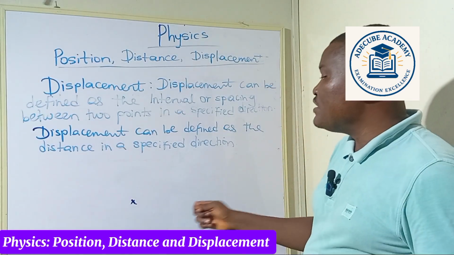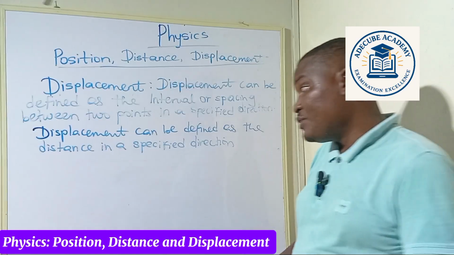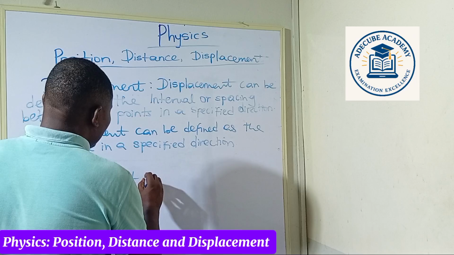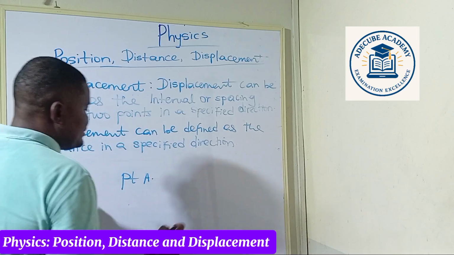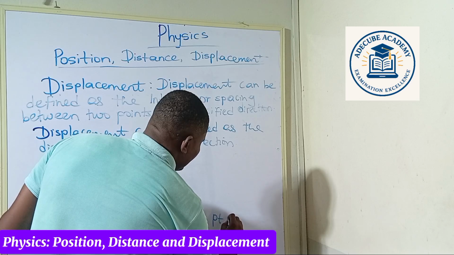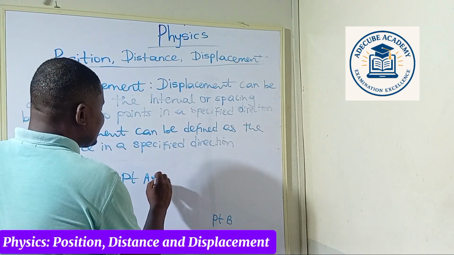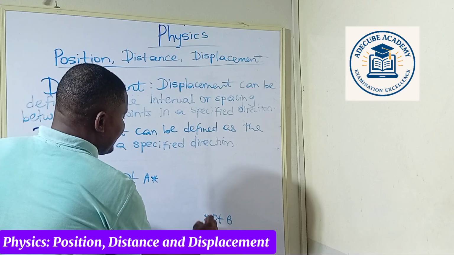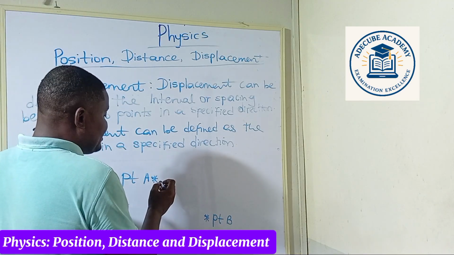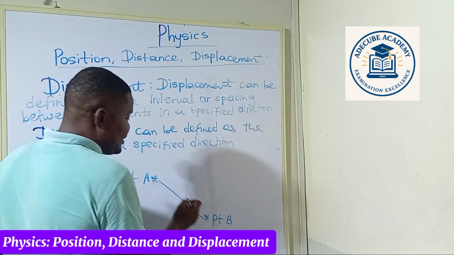Okay, in the last definition, we made mention of point A and point B. Is that not? Okay, we said this is point A and this is point B. Now, if we look at point A and point B, you will see that there is a spacing between them, and that specifies our distance.